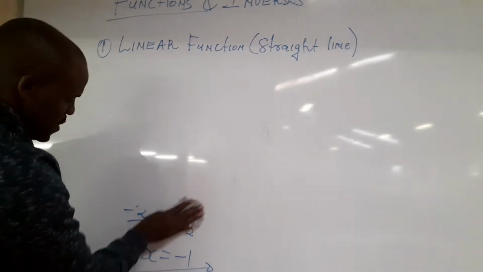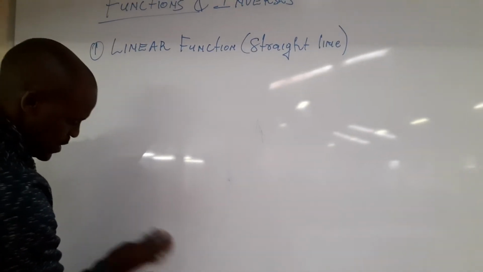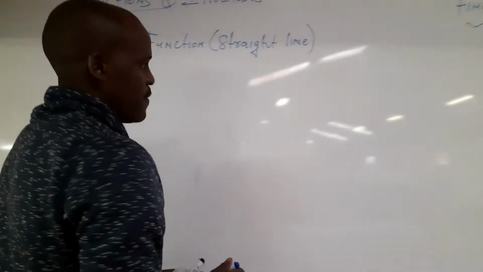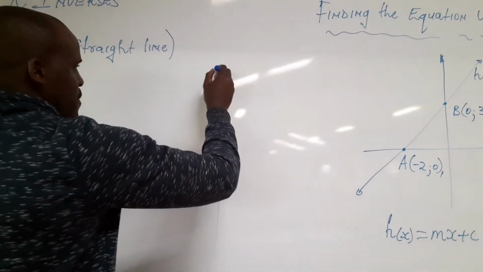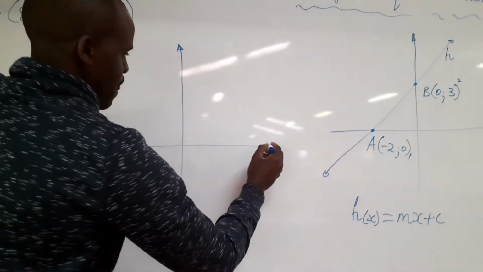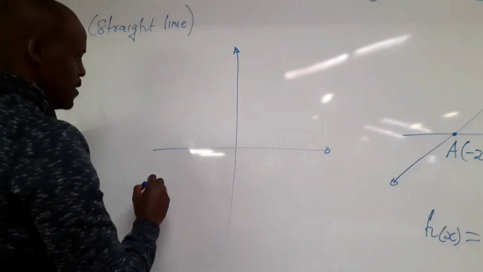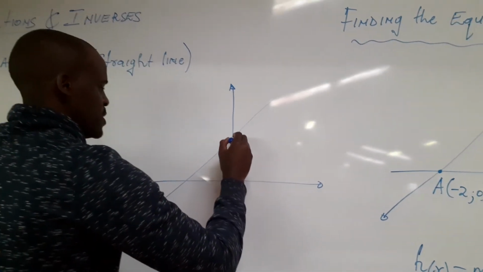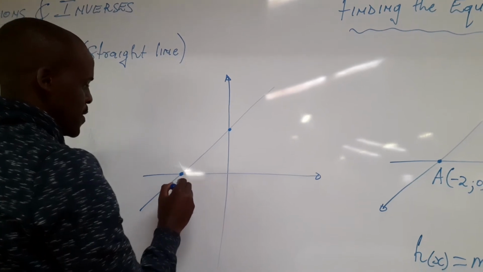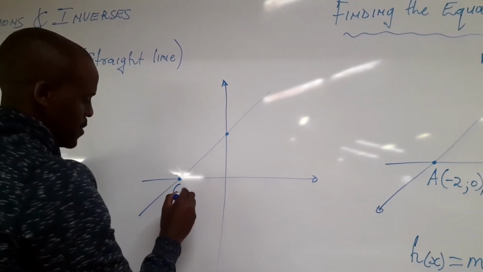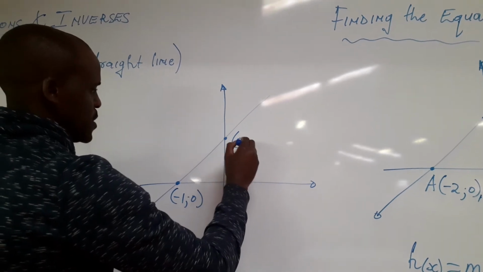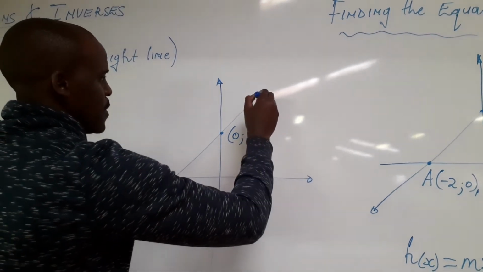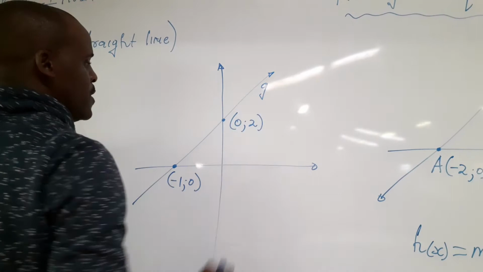Right, from our first graph, the graph of g, it was like this. This was (0, 2).